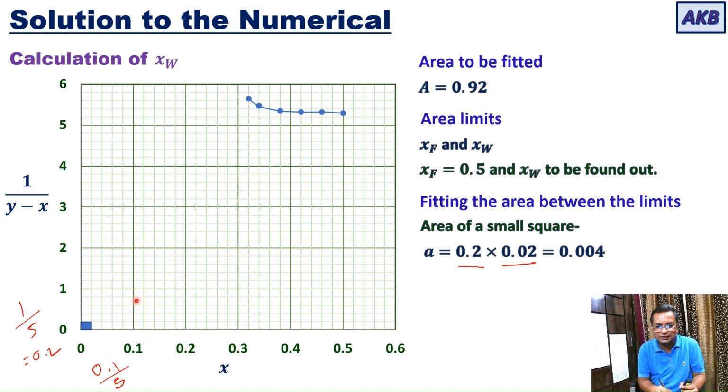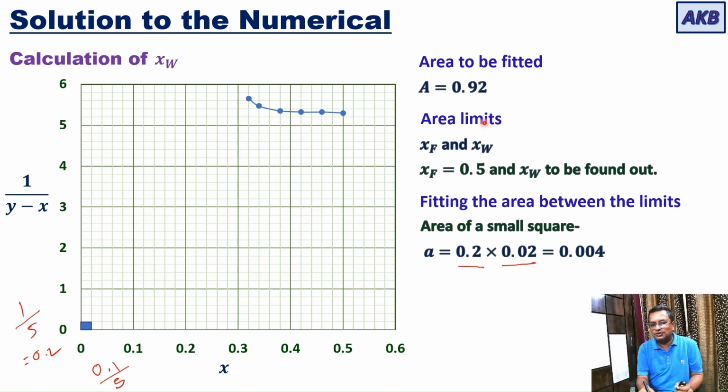For example, if you consider this square, area of this square would be 1 into 0.1, that is 0.1. So it is up to you. In order to get more accurate results, I have considered the small square. An area of one such small square is 0.2 into 0.02, that is equal to 0.004.